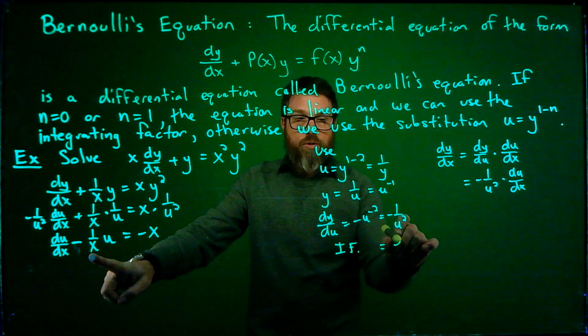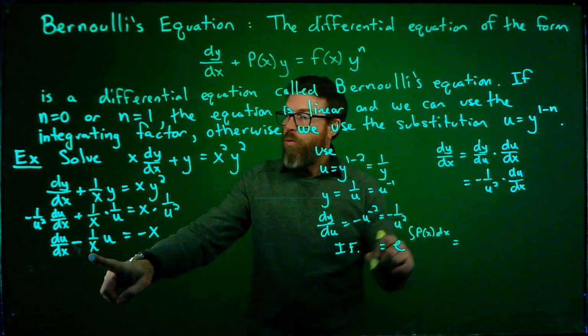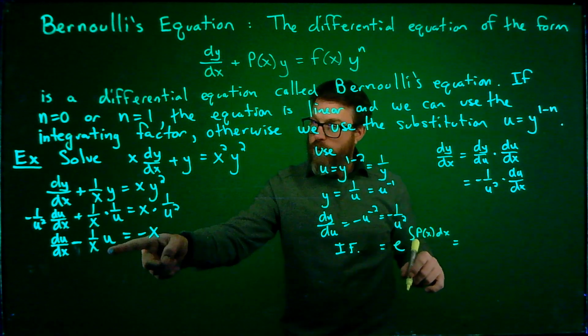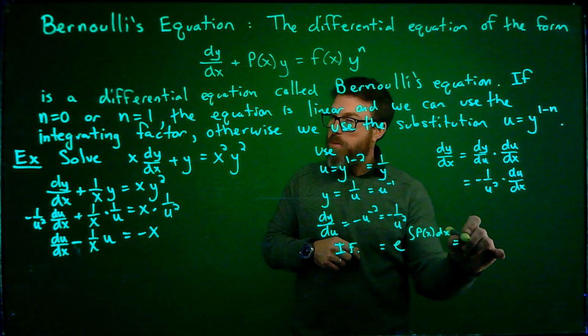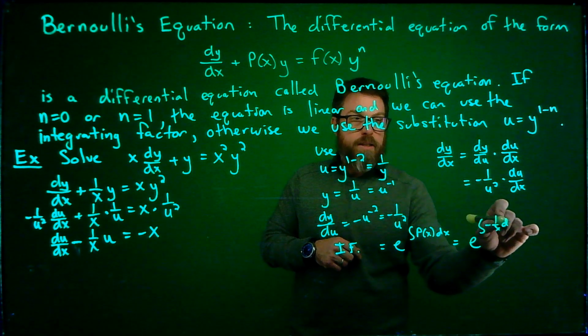is going to be equal to e to the integral of p of x dx, where p of x is this coefficient function in front of our solution. So this is going to be equal to e to the integral of minus 1 over x dx.